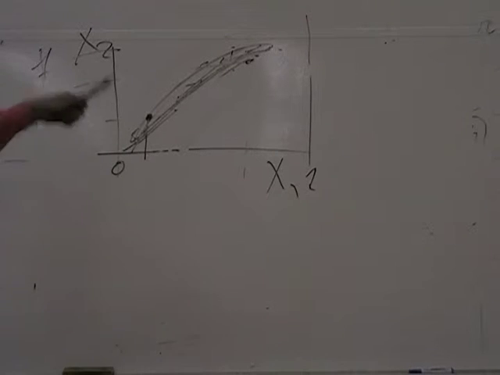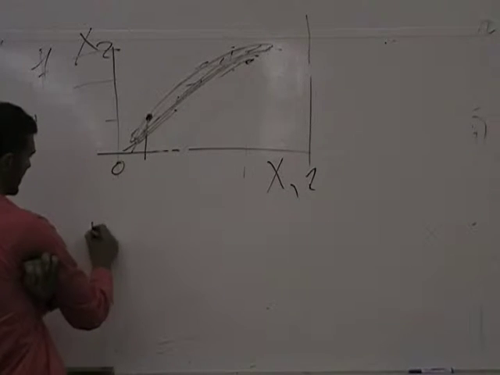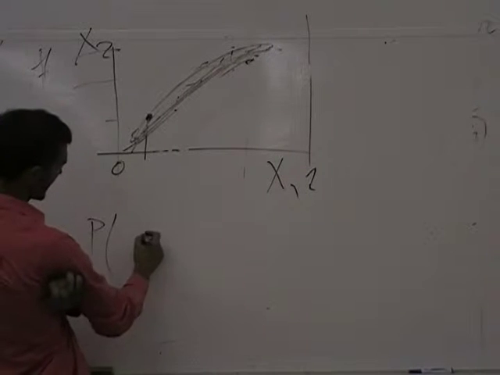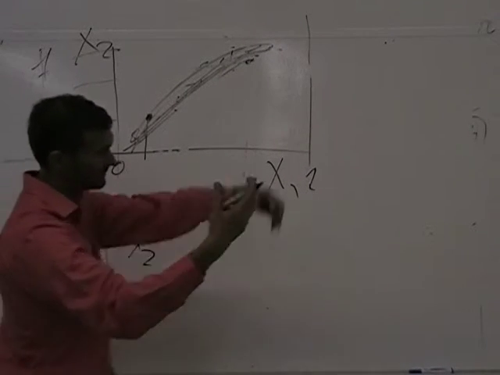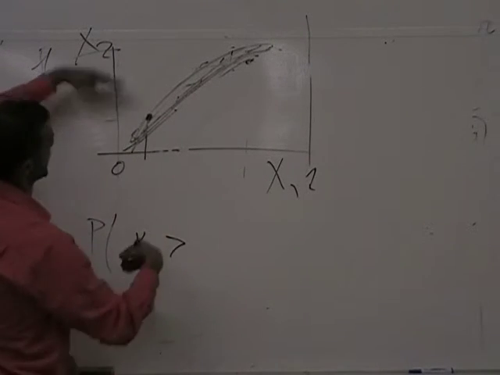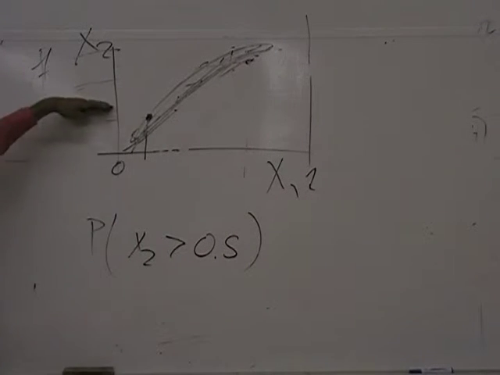And we say things about this like, what's the probability of x2 being greater than 0.5, in the upper half?